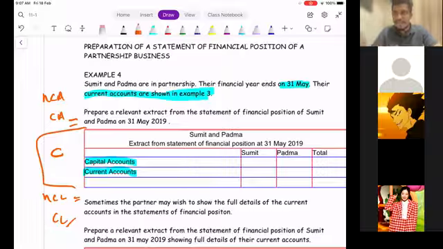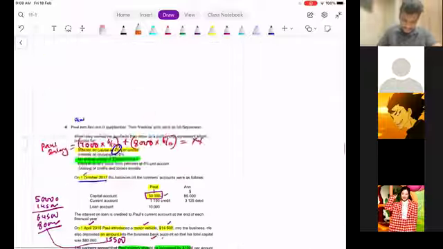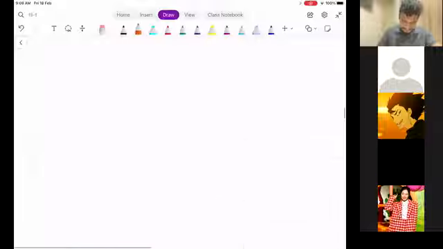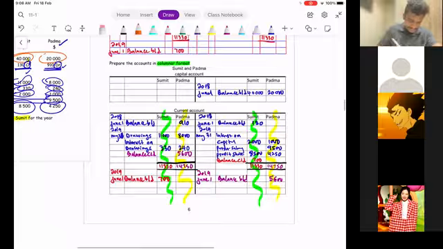Now I'm showing the capital part. Can you go to example number 3? Check how much the capital is for Sumit and Padma, and how much the current account is. Where's my example number 3? Yeah, this is example number 3.